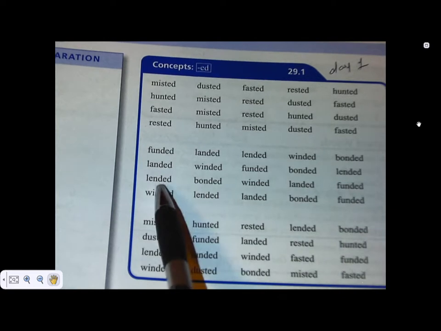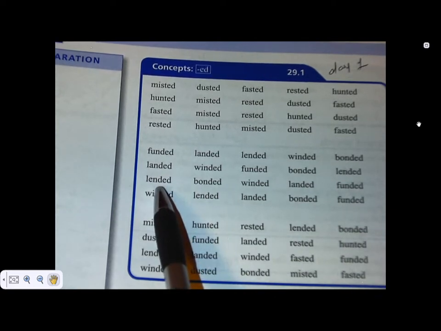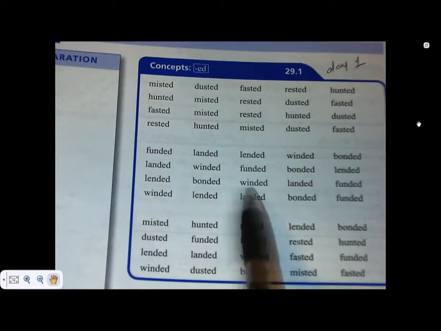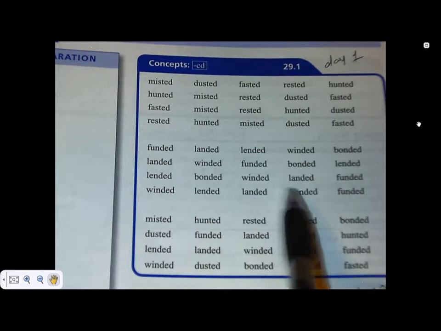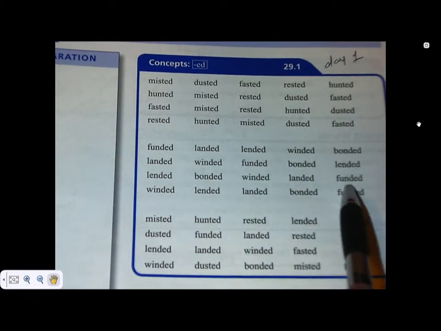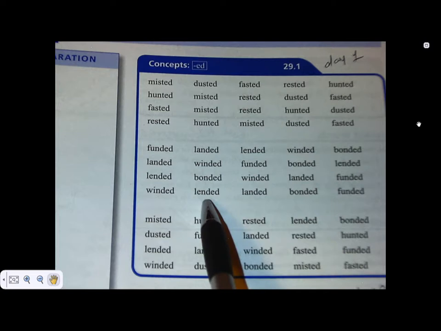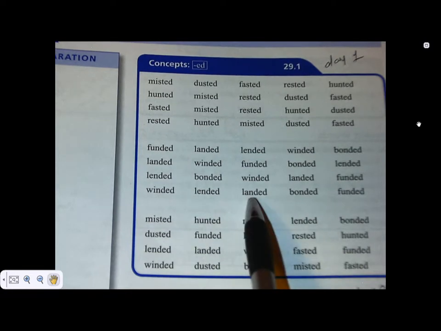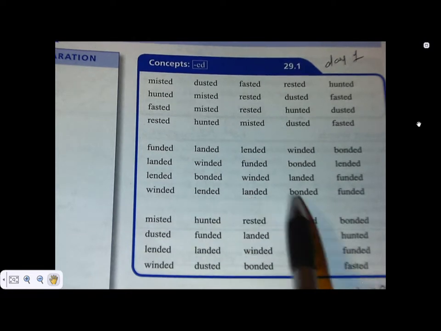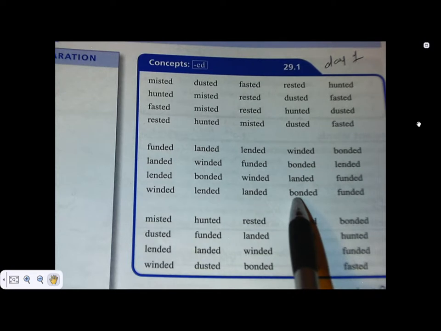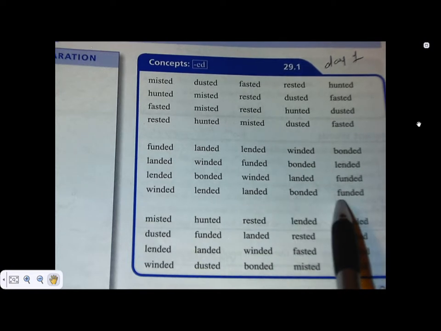On that same row, you should have said lended, bonded, winded, landed, funded. One more time. Winded, lended, landed, bonded, funded.